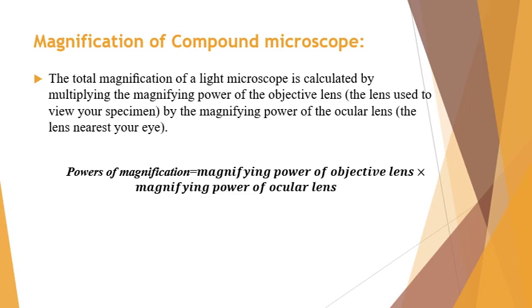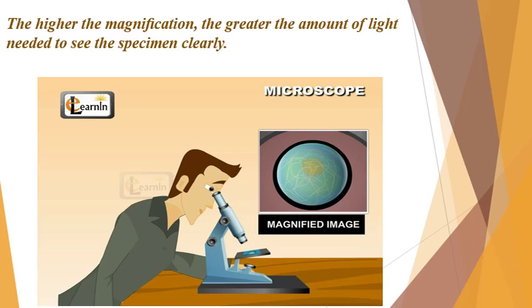Simply, the magnifying power of the objective multiplied by the magnifying power of the ocular gives the power of magnification. One thing that is very necessary: when there is a high magnification, there is a need for a greater amount of light to see the specimen very clearly.